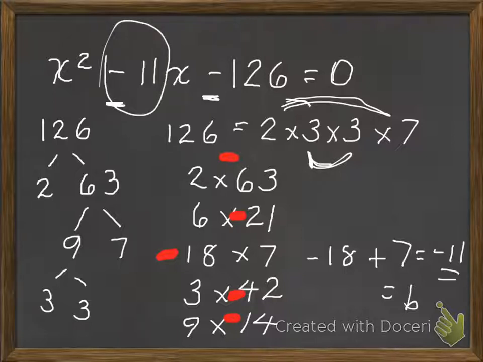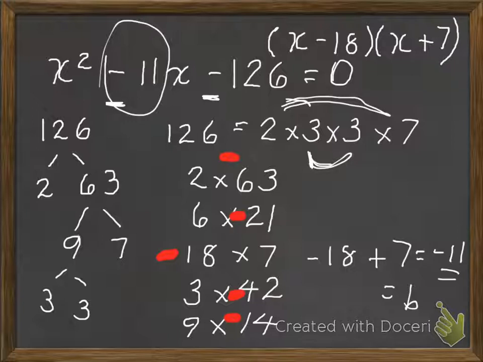So the correct factorization of this, I'll write it here, is x minus 18 times x plus 7. Okay, so this and this are equal. We factored this trinomial here.